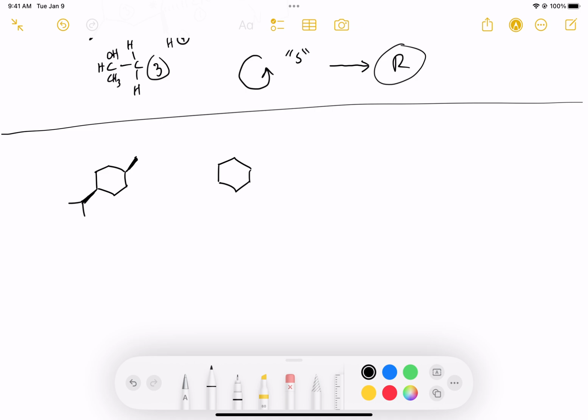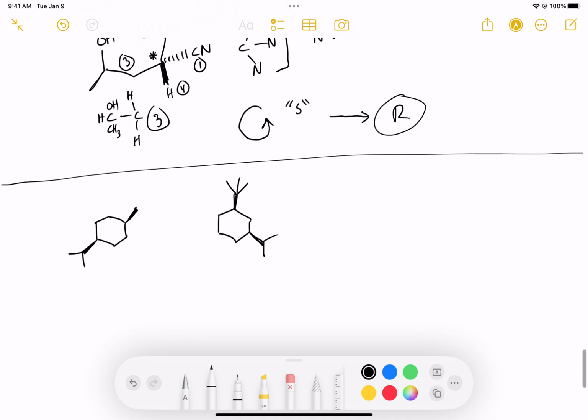All right. Alrighty. So we may ask some questions about optical activity. So that's definitely something we may consider.